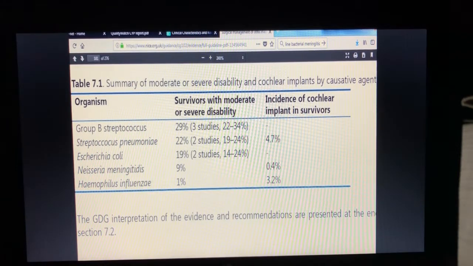And of course, we've already seen that both Group B strep and E. coli are much more prevalent in the under 3-month-old group, and that they tend to have a higher rate of morbidity. That's probably because at that very young age, you've got the potential difficulty in early recognition and therefore delay in starting treatment, together with the greater impact of brain injury on this developing younger brain compared to older brains, leading to longer term neurological problems.